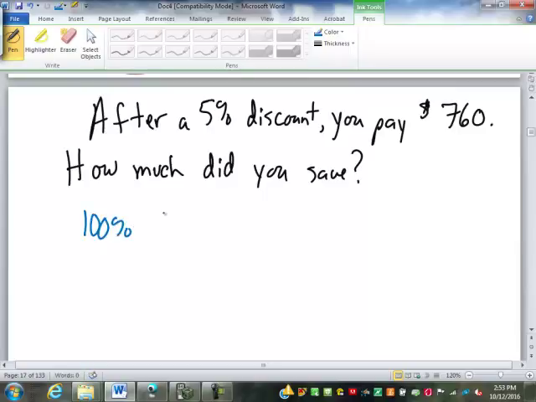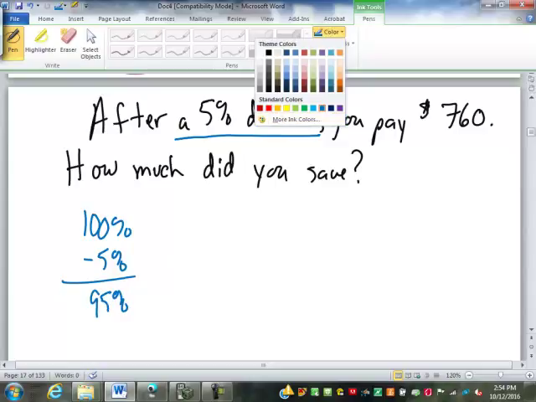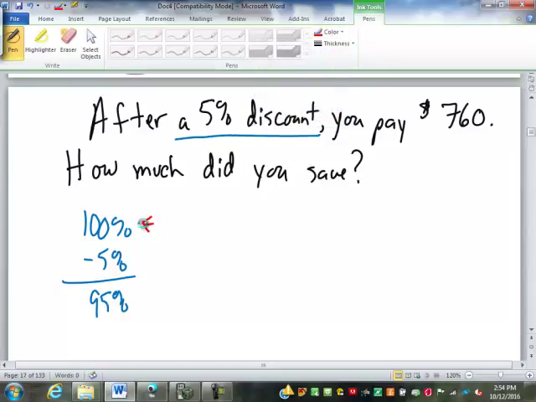So we start with 100%, and what are we subtracting this time? 5% discount, right? So which means we end up at 95%. And just like before, the 100% represents the before the discount. 5% represents the discount. And 95 represents after the discount.